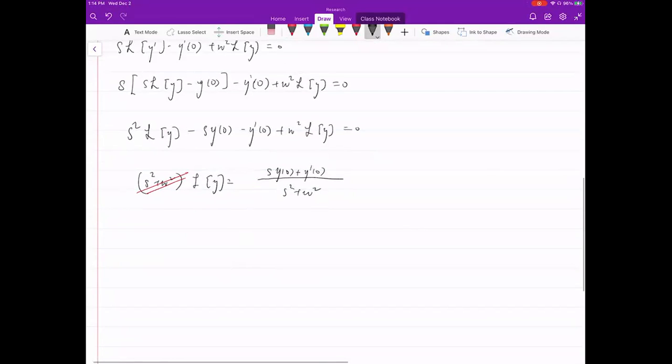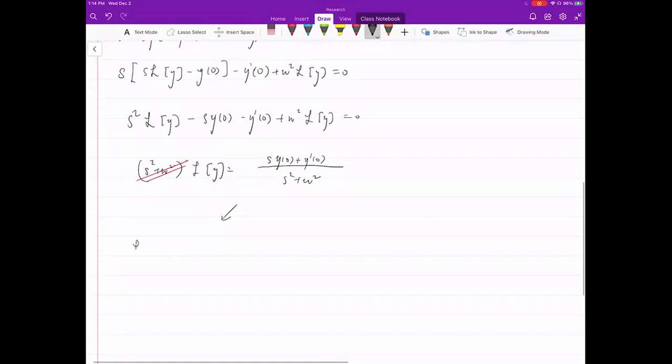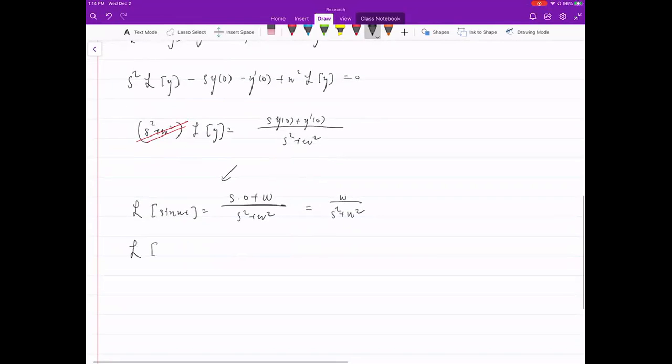So for sine, it's going to be s times 0 plus omega, divided by s squared plus omega squared, which is this. For cosine, it's the same formula but different initial conditions.